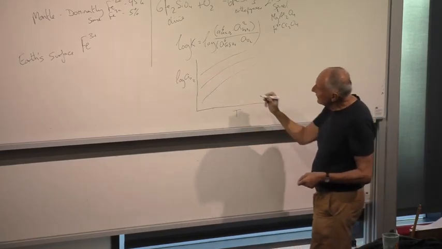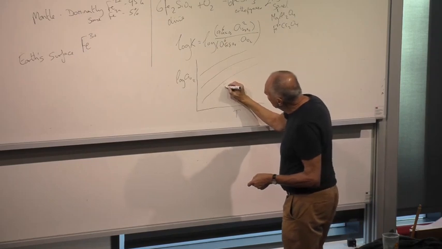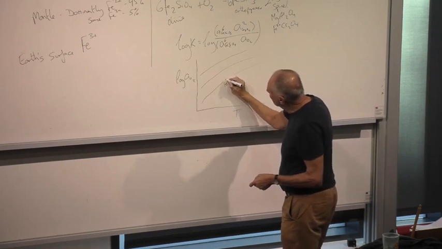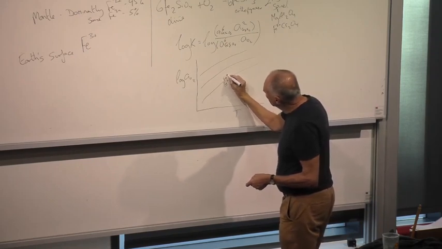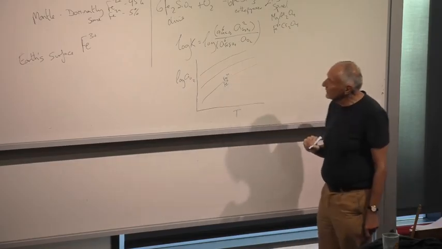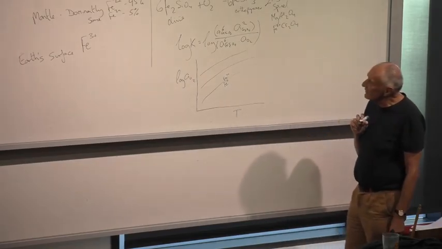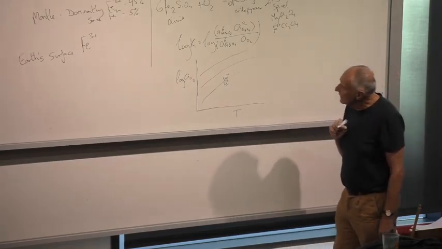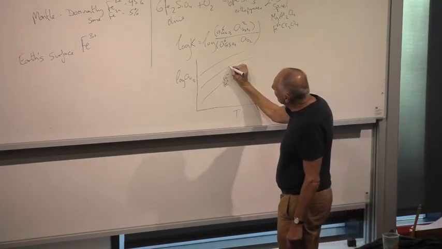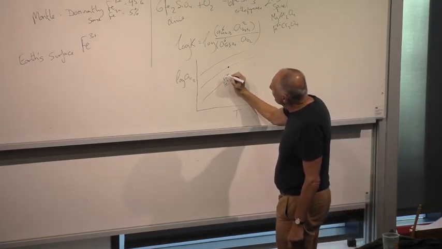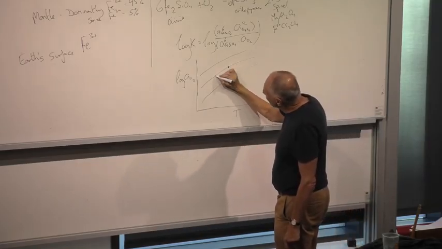And this would be Fe metal, Fe2+, if we're down here, at low activity of oxygen, fairly obviously. The mantle would be here. This is the Fe2+, 3+ equilibrium.